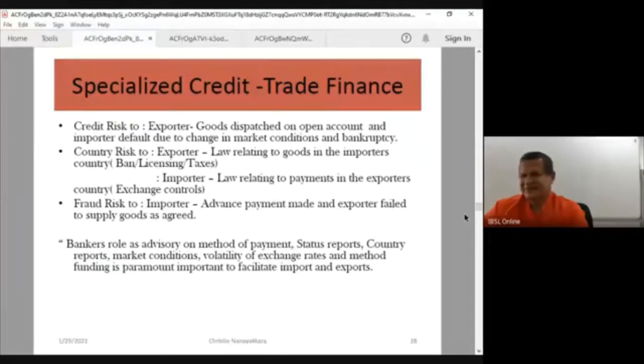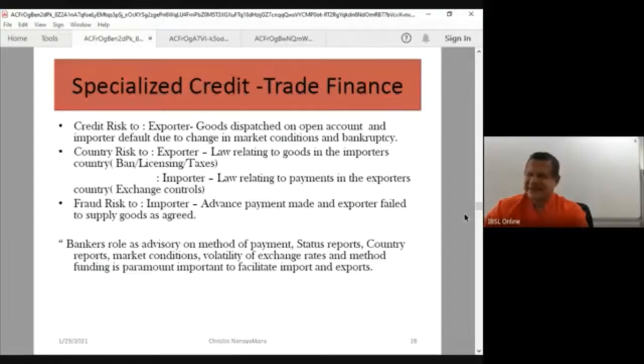Today we come to another area called specialized credit. Now, specialized credit, what I mean is also credit. This will be done mainly for trade, mainly import and export trade, which you need to know, because this gives us good income, good interest spread, short-term lending, because money will come back quickly, and also we get huge fee income on this.